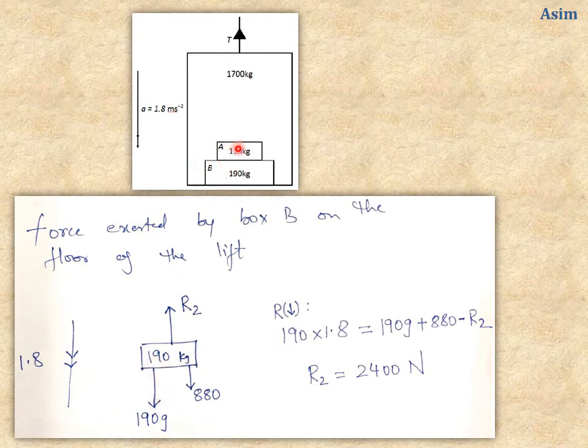Since box A is on top of box B, the apparent weight of A, not 110 g, because it is an accelerating object, will be acting on B, which is 880 Newton, and there will be a normal reaction which we have to find now. Same F equals ma, mass into acceleration is the resultant force, and that gives you the reaction as 2400 Newton. Got it? Next.